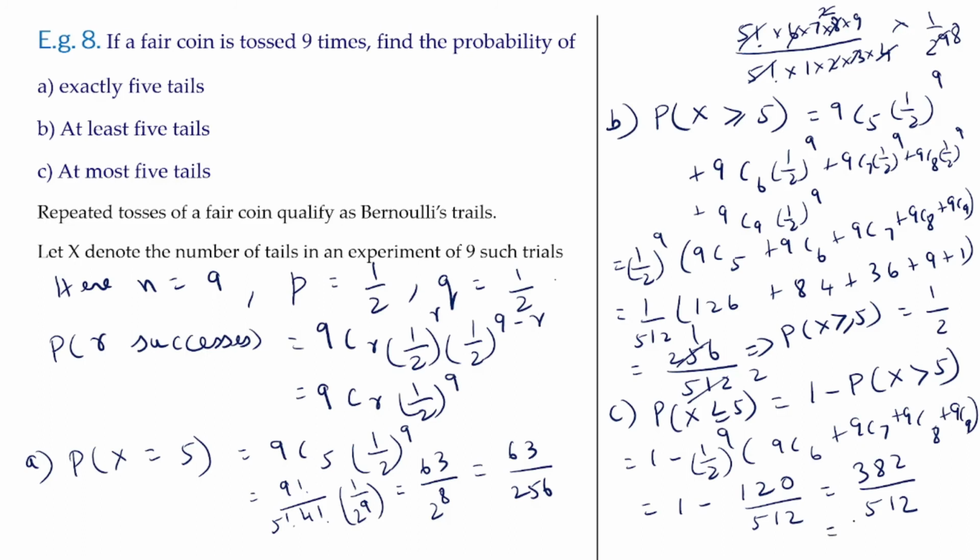This is 191 upon 256. This is probability of x less than or equal to 5. So for this question we are asked to find probability of exactly 5 tails, that is 63 upon 256, at least 5 tails half, at most 5 tails 191 upon 256.